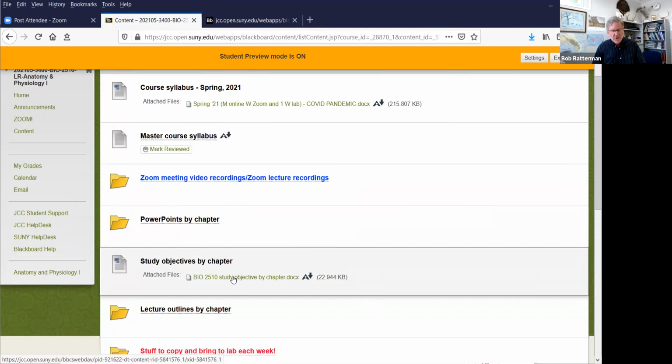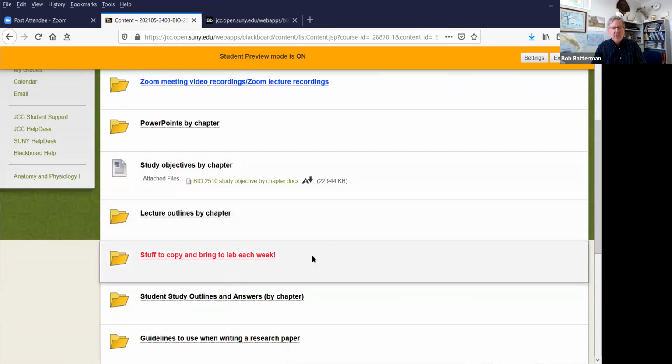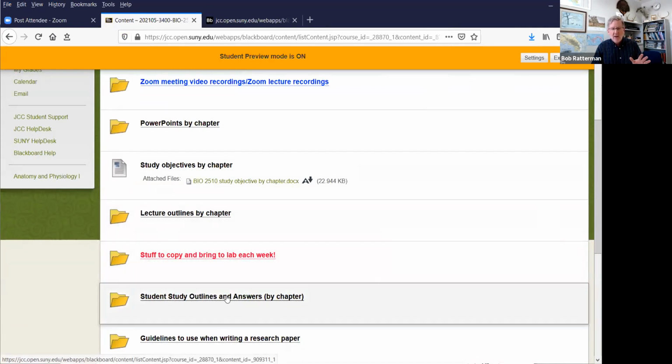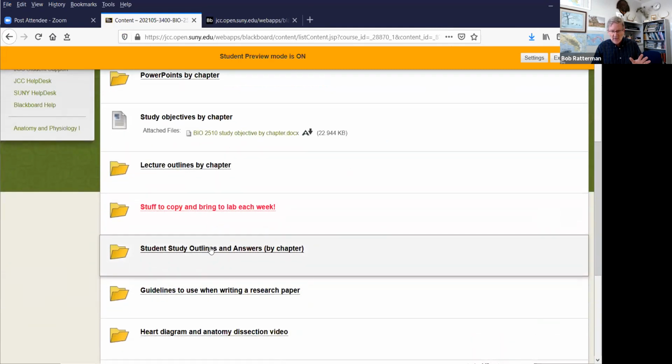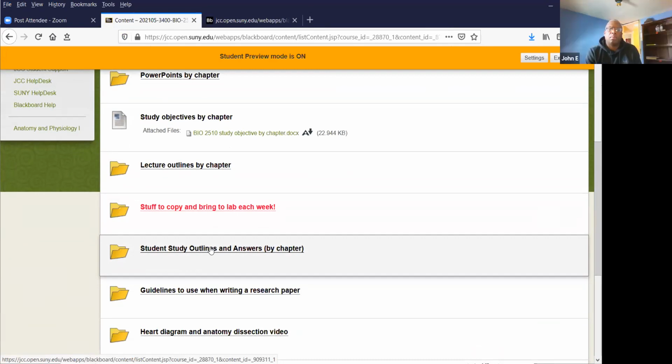They're very general objectives. So now Paige, when you were talking about the study guide, and also John, you're talking about this folder perhaps? Yes? I wasn't. You weren't. I have both of them though. However, I do have both of them. The study objective by chapter and the one you are now.